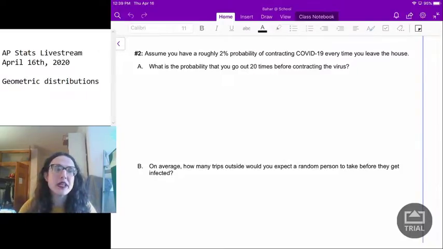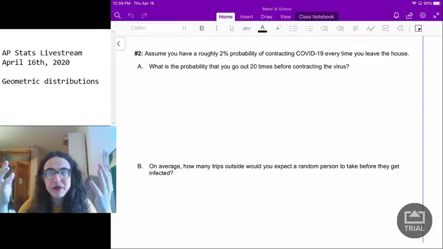This is a very first-pass kind of value where you don't know anything more specific about the person, you don't know where they live. Me here in New York City, numbers are probably going to be very different than someone who lives upstate or someone who lives out in the middle of nowhere in Wyoming. It takes no account of the precautions I may or may not be taking, how many people I may or may not live with.